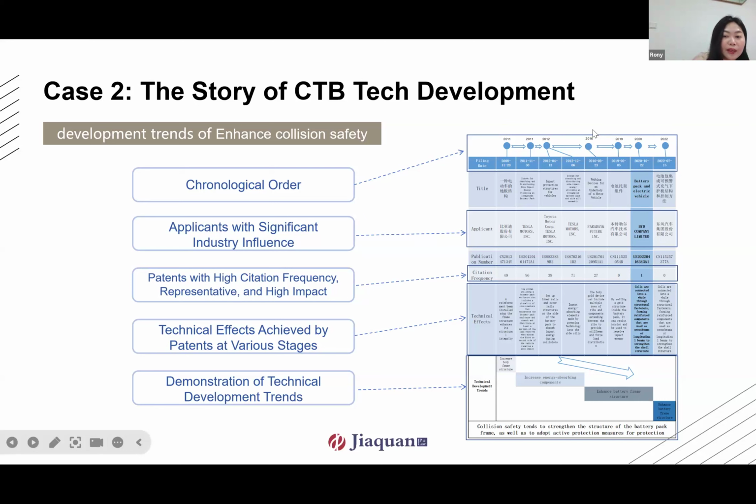Here, we also add a field about the citation frequency, because for some very key and breakthrough technologies, the citation frequency is likely to be relatively high, and more people will pay attention to this patent. When we were selecting important patents, the citation frequency was also a very important reference basis. And at the same time, we also summarized the technical beneficial effects of each selected representative patent.